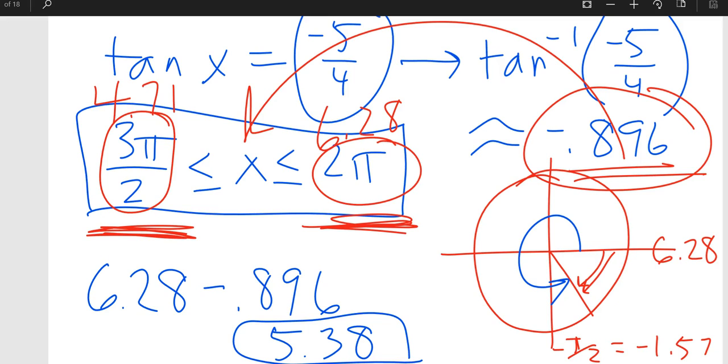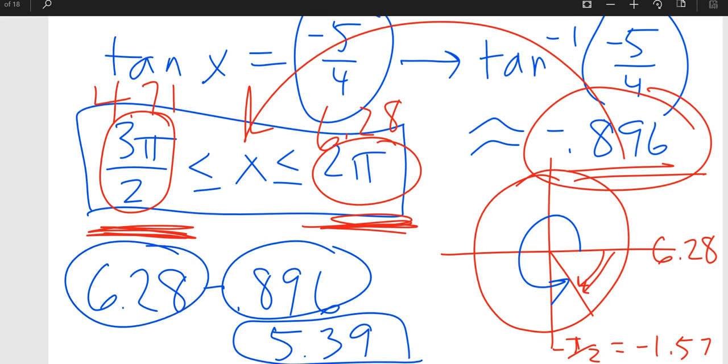Yes, this was rounded, so 5.39. It should be accurate. Yeah, it was just a rounding issue. The rounding issue came in the fact that we rounded both of these things. I was going to say that should be right. All right, good.